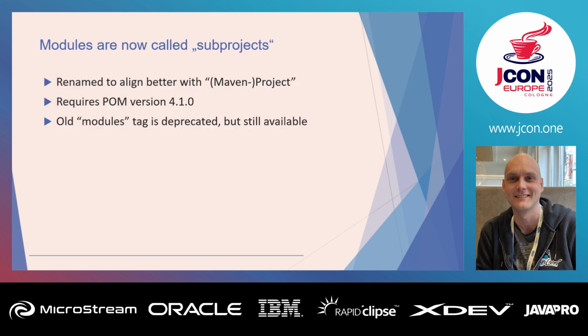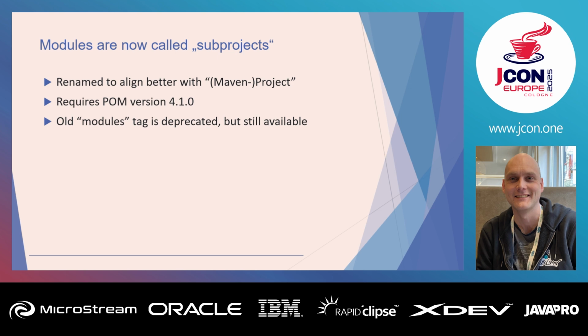A small change, it's more a wording change, and a mindset change, is that the Maven team decided to align the terms of Maven projects and Maven sub-projects, because they are independent Maven projects. So Maven modules are now called Maven sub-projects. To be honest, it's hard to get in mind.